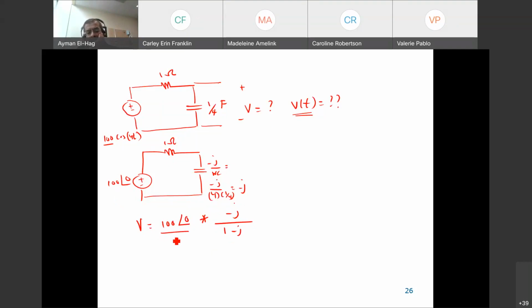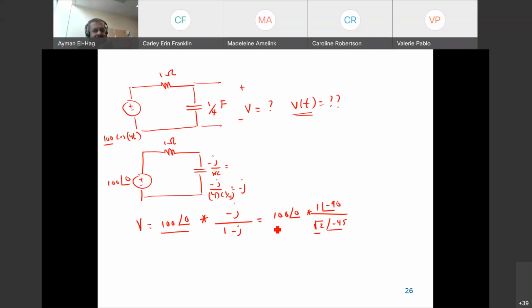I'm multiplying a polar number times a rectangular, so I have to convert these two into polar. So this is 100 angle of 0 times 1 angle of minus 90 divided by root 2 angle of minus 45.